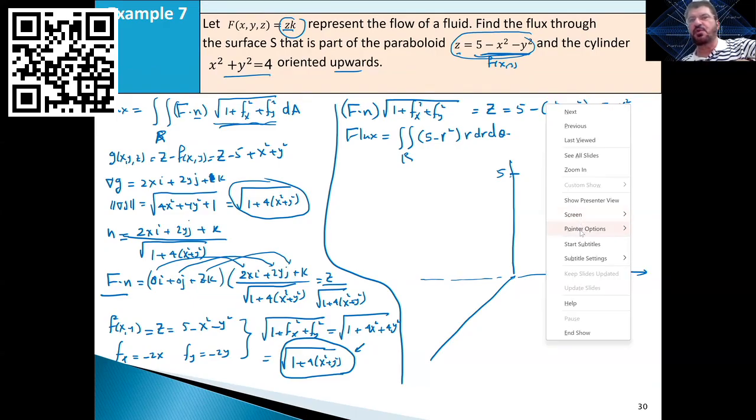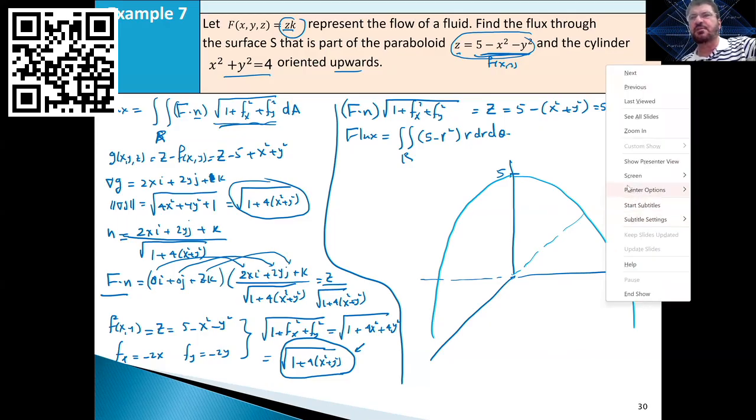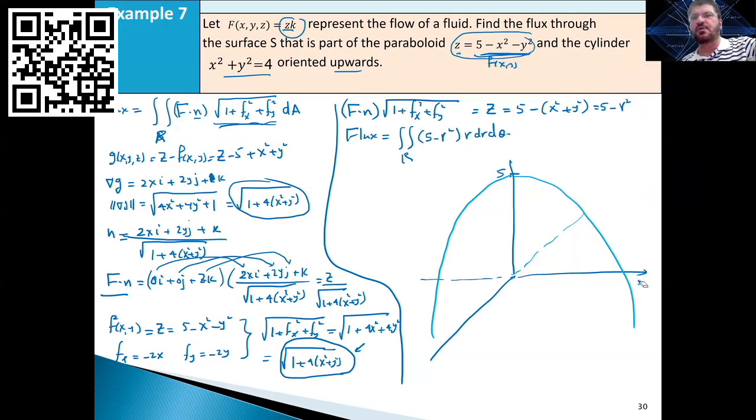So let's graph the paraboloid, guys. If this is the z-axis here, and the y, so paraboloid. So this is root 5, by the way. Oh, let's not put this one yet. I'm going to figure it out in a minute. So this is our graph.